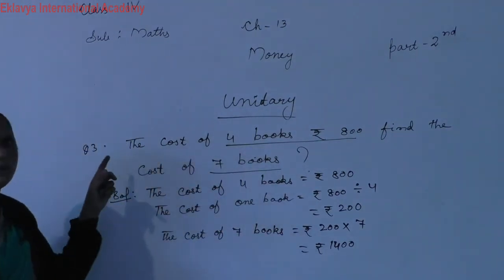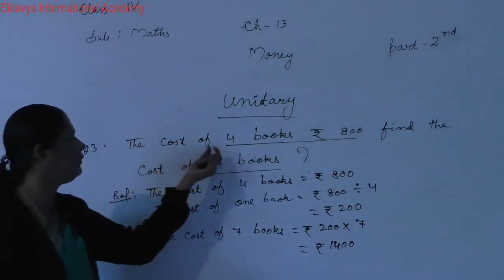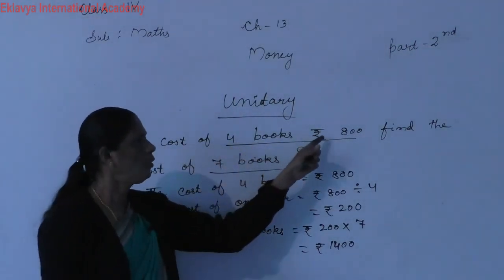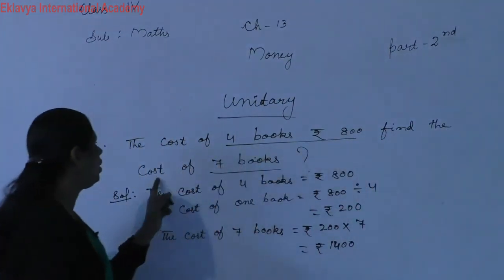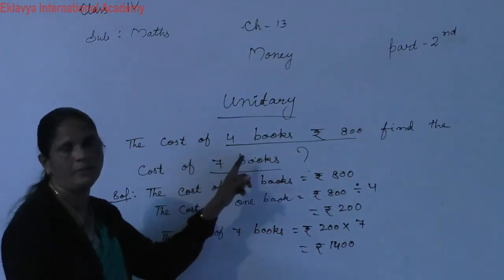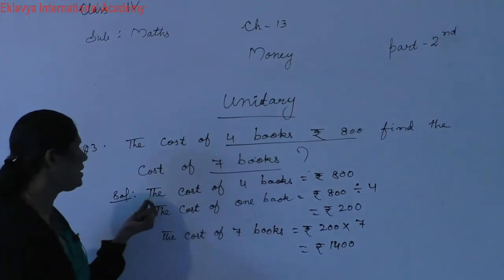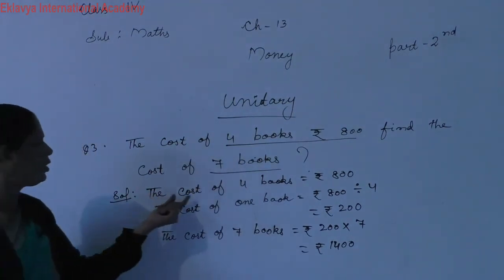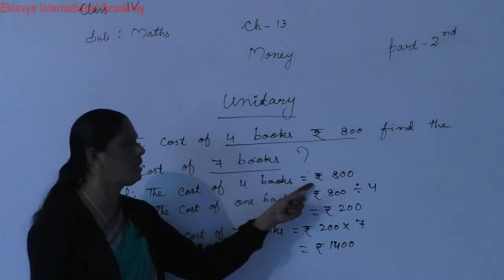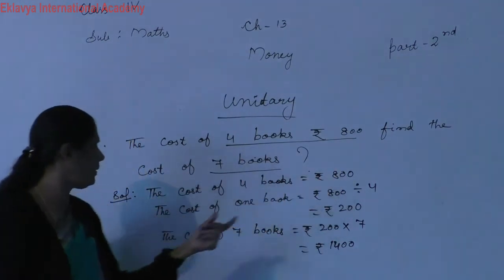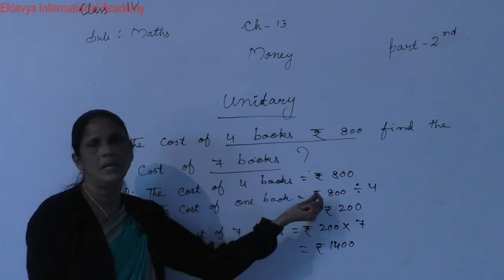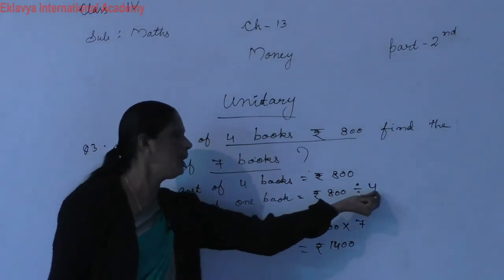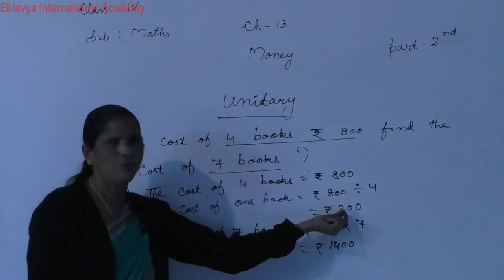Again, read the question. The cost of 4 books is rupees 800. Find the cost of 7 books. First write the statement: the cost of 4 books is equal to rupees 800. Then the cost of 1 book is rupees 800 divided by 4, rupees 200.